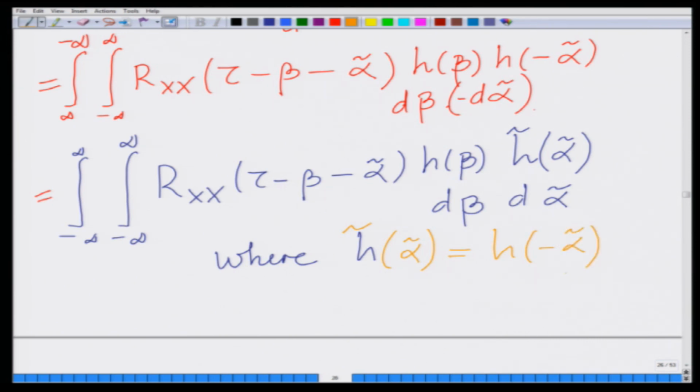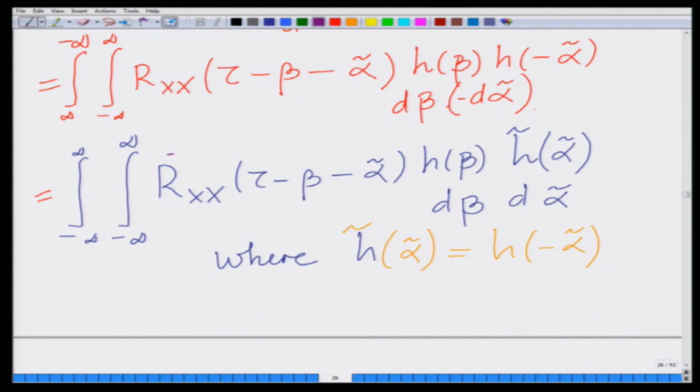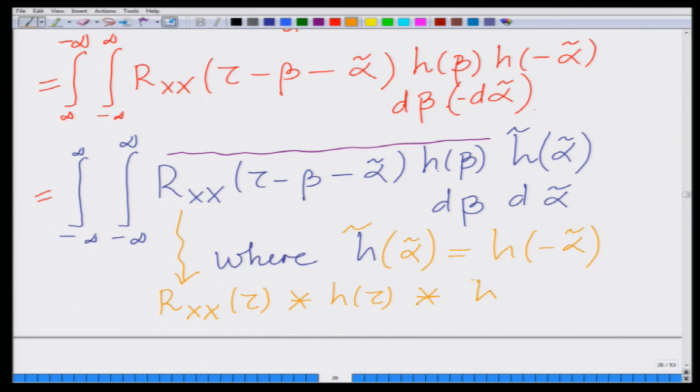And now you can see from this expression, look at this: r_xx of tau minus beta times h of beta, r_xx of tau minus beta minus alpha tilde times h tilde of alpha tilde. So, you can clearly see this is basically a convolution of r_xx of tau with h of tau convolved with h tilde of tau.